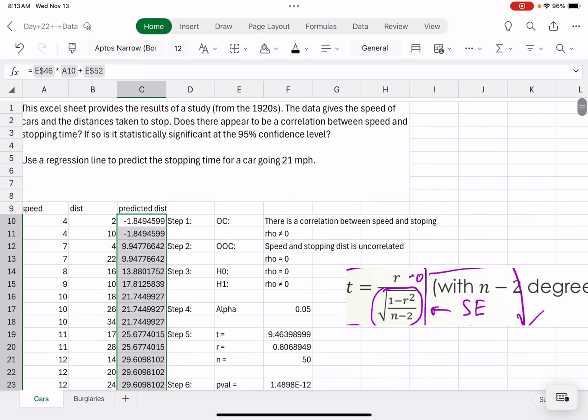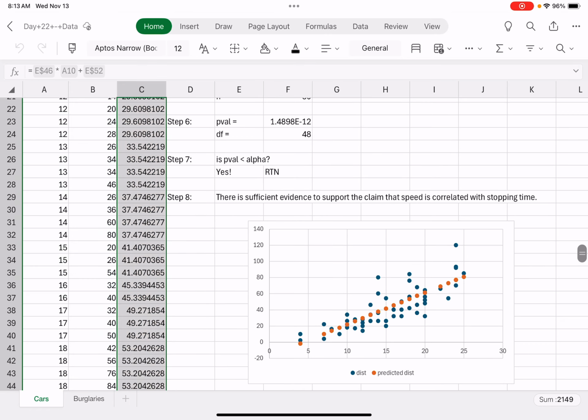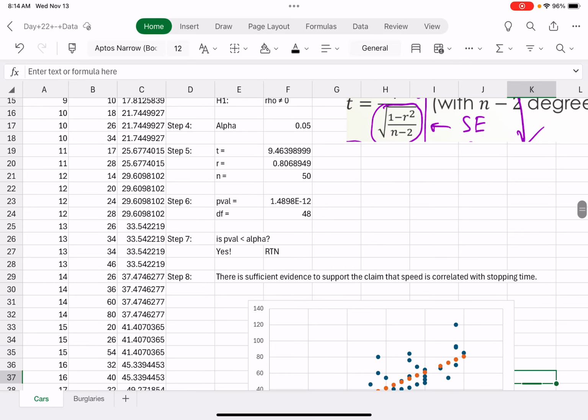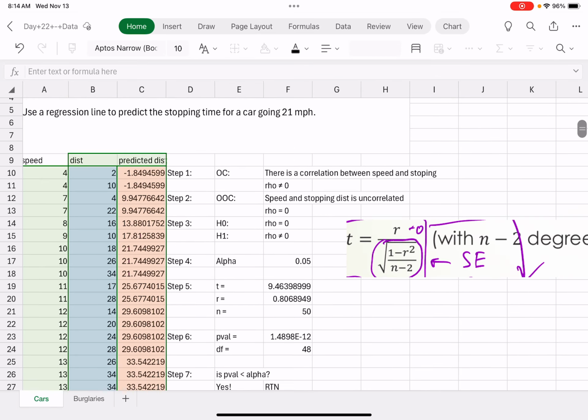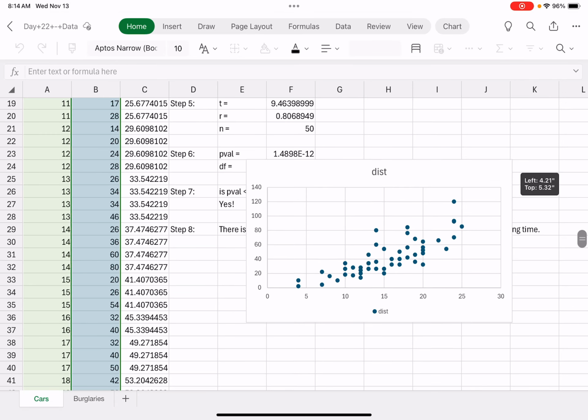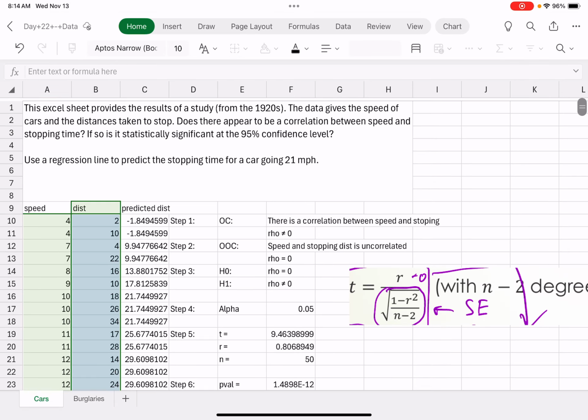I think one thing I can do is increase the plot area. All right, how did I do that? So I just selected my plot. There's my plot. I selected my plot so that the data being used is highlighted.